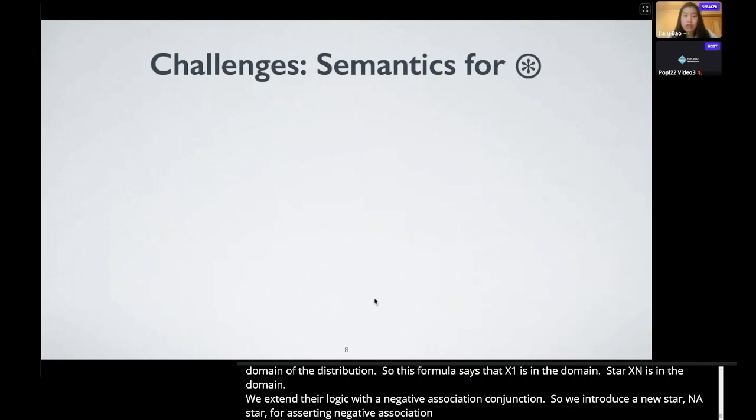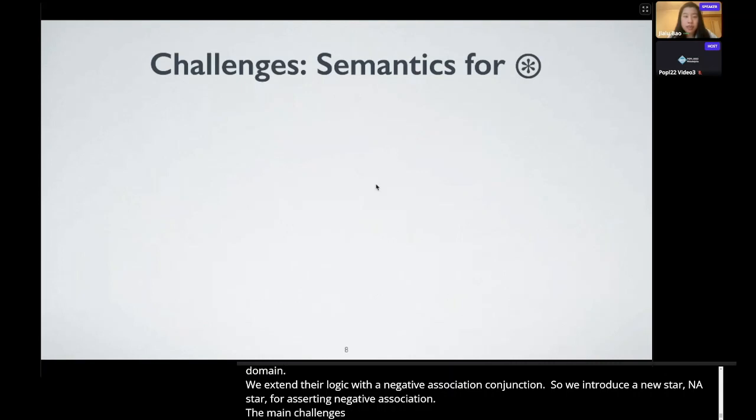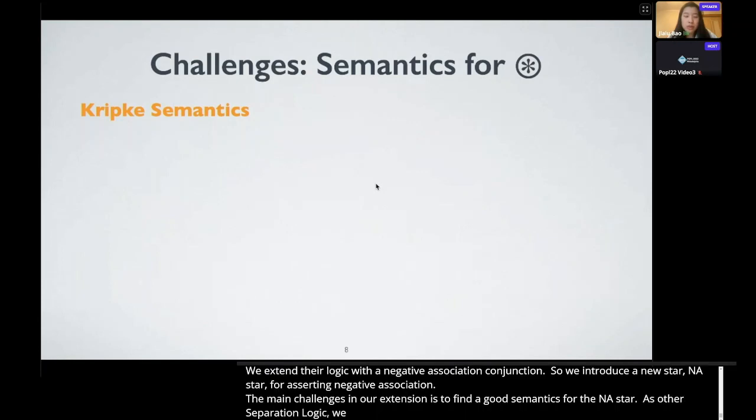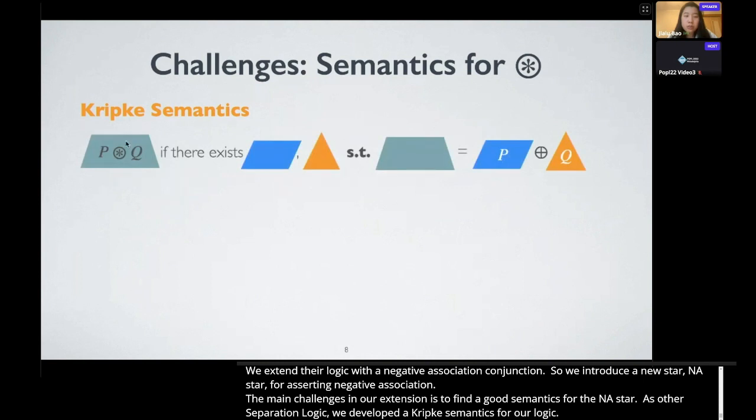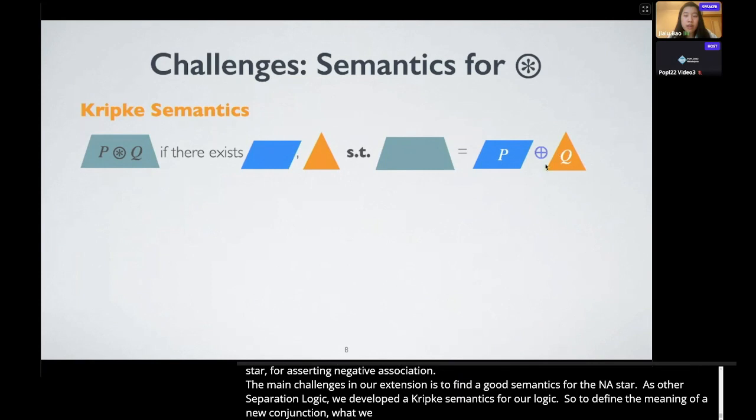The main challenge in our extension is to find a good semantics for the NA star. As in other separation logics, we develop a Kripke semantics for our logic. To define the meaning of a new conjunction, we define a new binary operator on the set of states.